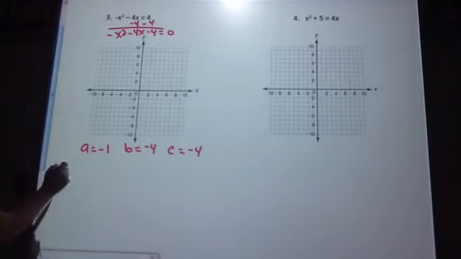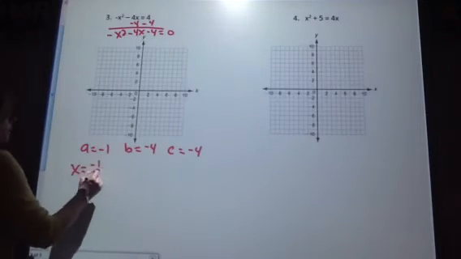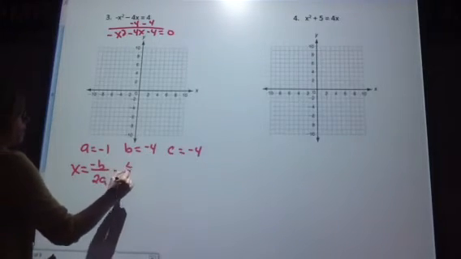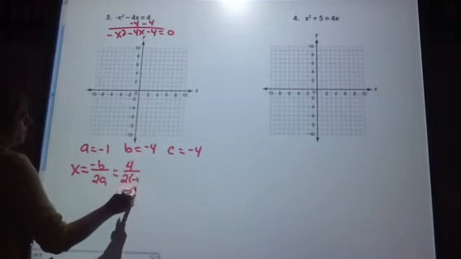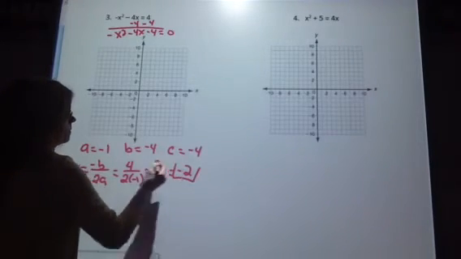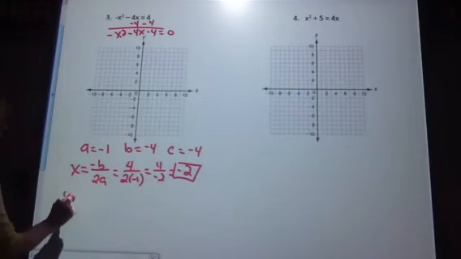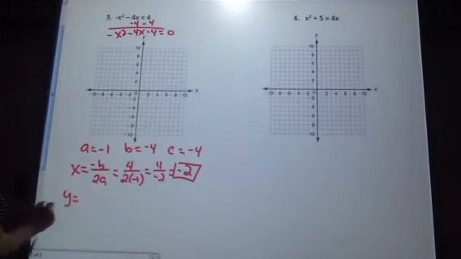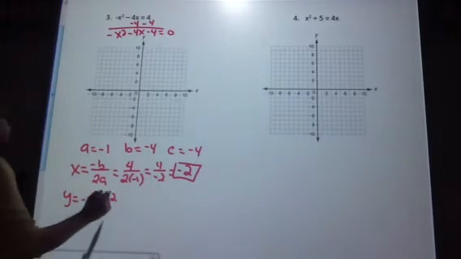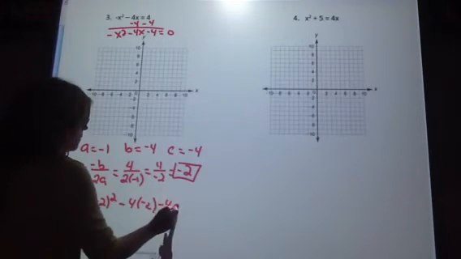All right, so let's find our x-coordinate. So it's negative b over 2a. Opposite of negative 4 is 4. So that's 4 over negative 2, which is negative 2. Y is going to be opposite of negative 2 squared minus 4 times negative 2 minus 4.